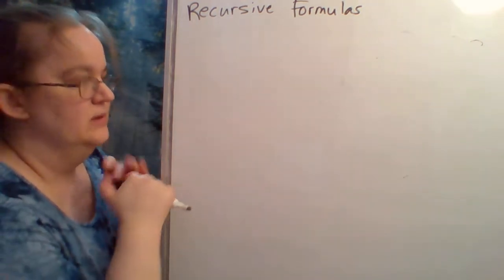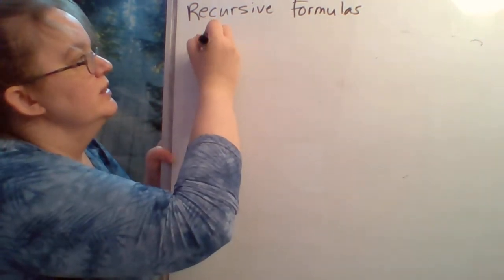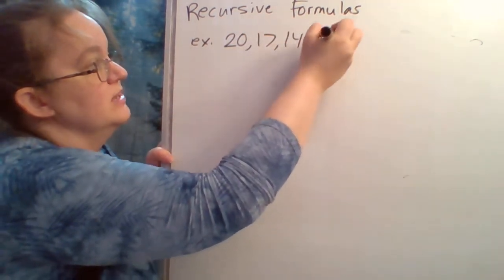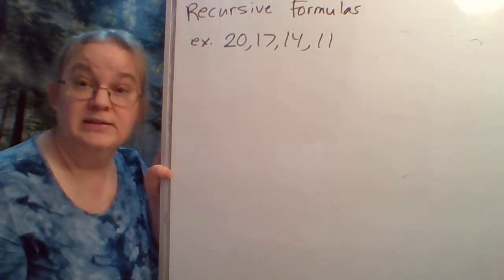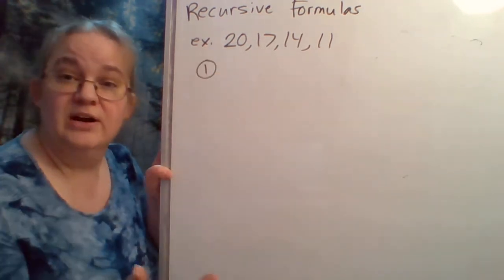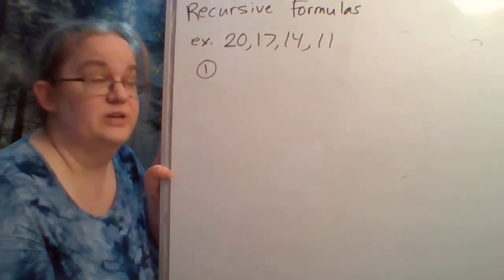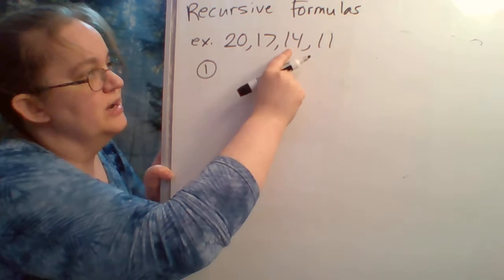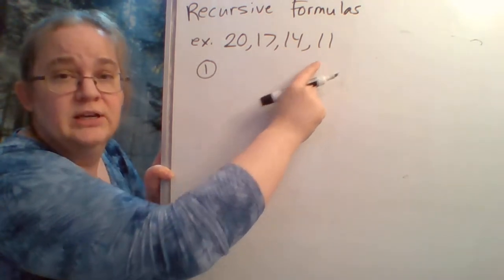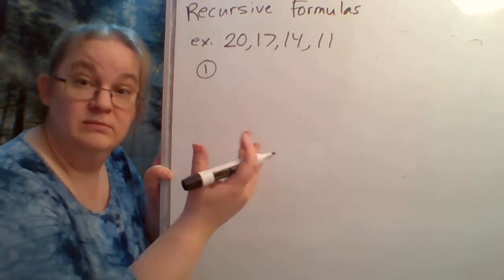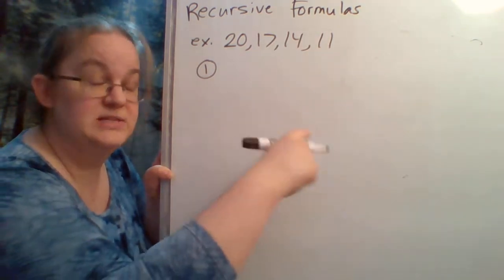All right. So let's say I have 20, 17, 14, and 11, and I want to write a recursive formula. First step is I have to figure out whether it's arithmetic or geometric. Well, as I'm looking, I subtract 3, I subtract 3, I subtract 3 each time, so that would be an arithmetic sequence because it has the same difference.